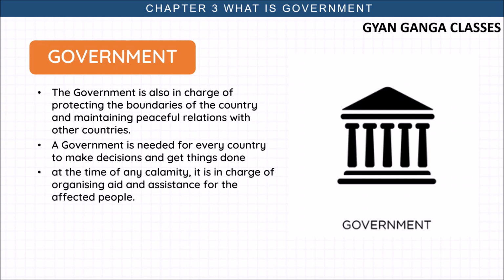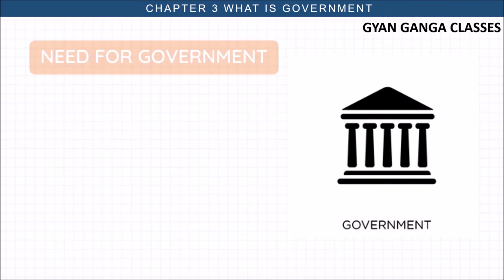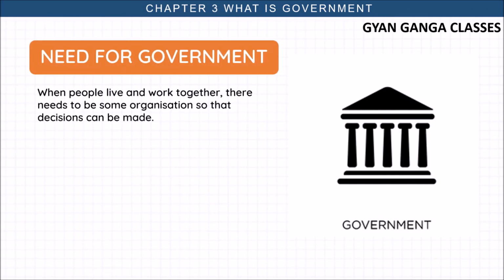At the time of any calamity or natural disaster, the government is in charge of organizing aid and quick relief and giving assistance to the affected people. So these are all the jobs done by a government body.